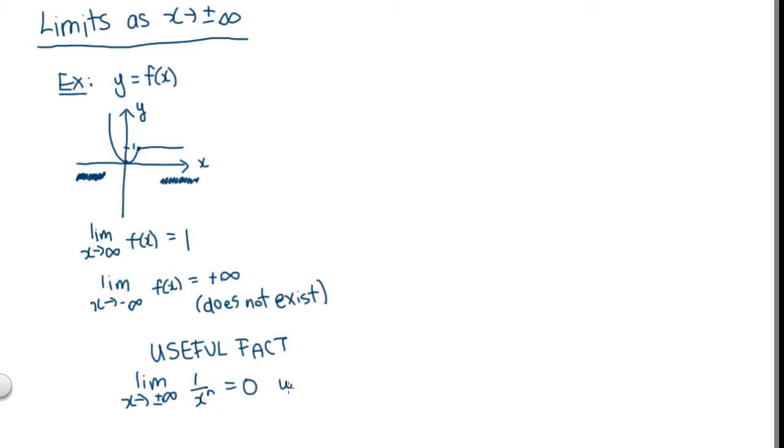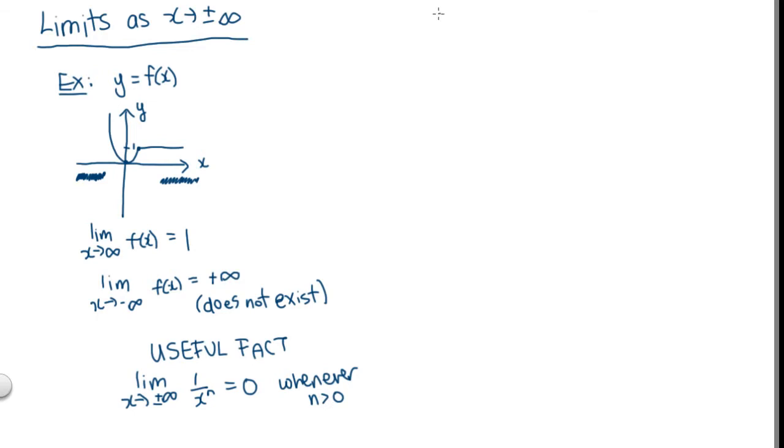And that is true whenever n is positive. So what this is saying is that as x gets really big, whether it's a positive number or a negative number doesn't matter, 1 over x to some power is going to get very close to 0, provided that's a positive power.